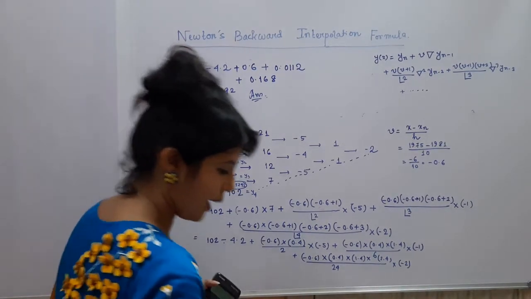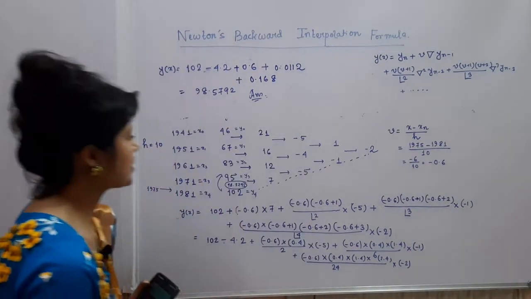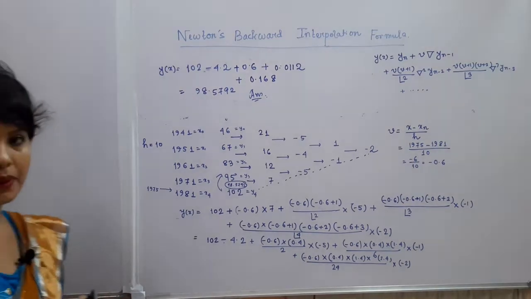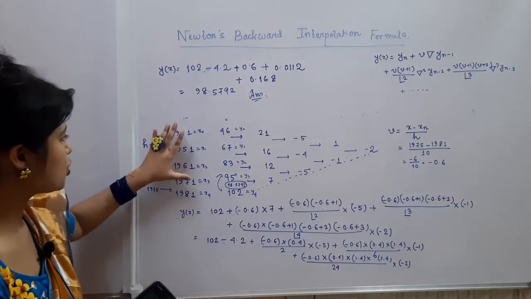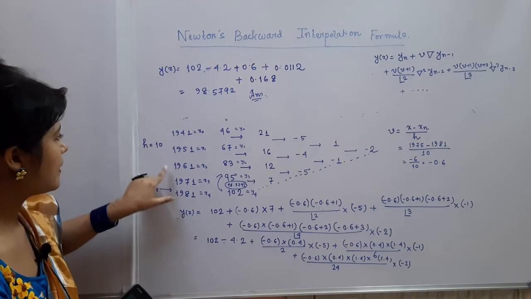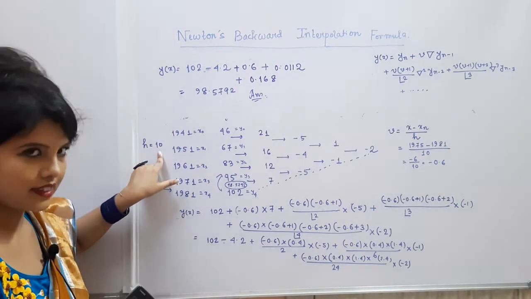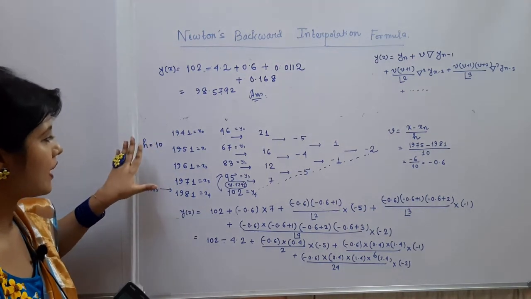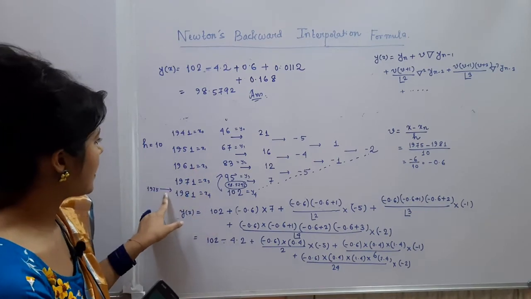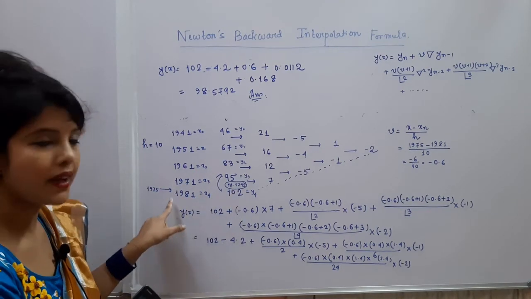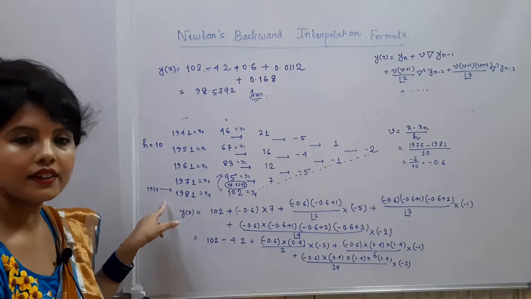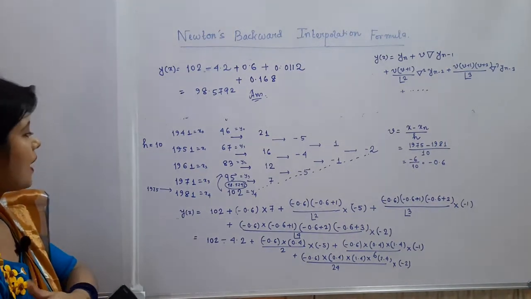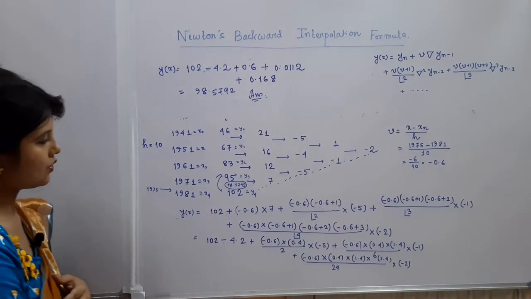Before applying it, you have to remember two things: the x's should be equidistant, here the value of h is 10 because this is the common difference for x, and the value of x for which y is to be estimated should be at the end of the list. Here clearly 1975 is at the end of the list.